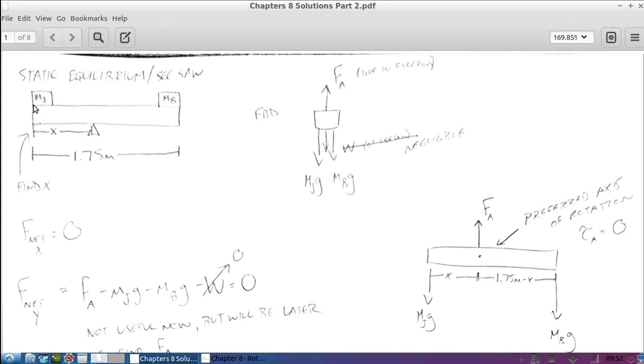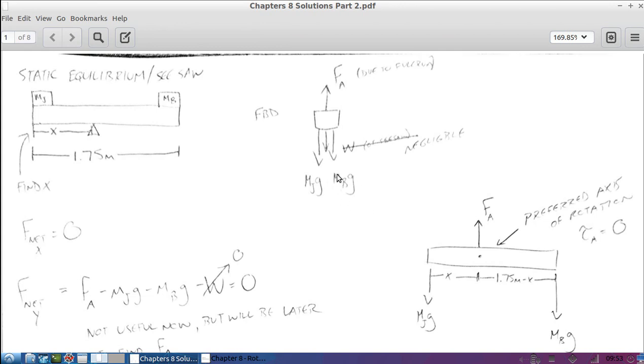Because this is a third law pair, we've got the normal force due to the seesaw on John, the normal force due to John on the seesaw. But if we were to draw a free body diagram of just John, the normal force on John and John's gravitational force would be equal. So the force that John is applying on the seesaw is the weight force due to John's mass. Same thing with Bob.